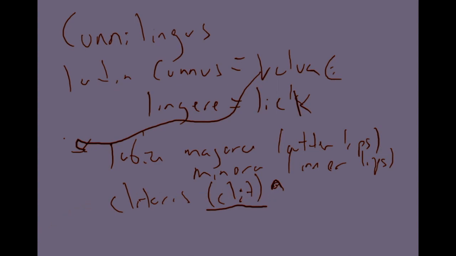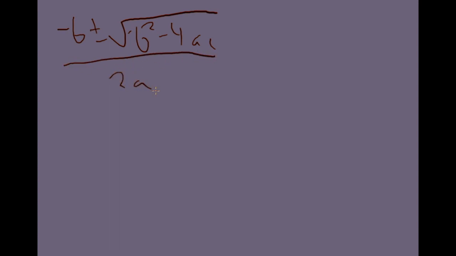Okay, all right, now let's go back to the quadratic formula. Again, say it with me: negative b plus or minus the square root of b squared minus 4ac, all over 2a. All right, now let's do a little bit of a harder one.